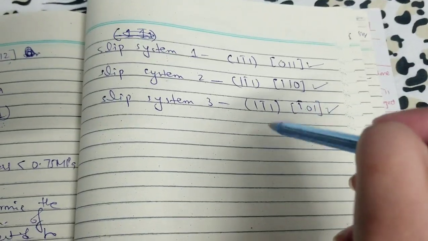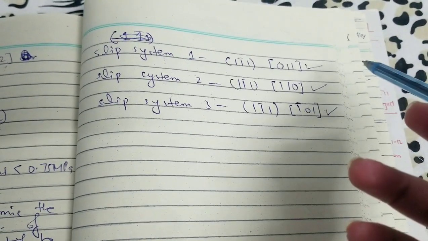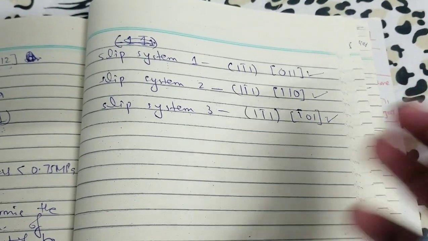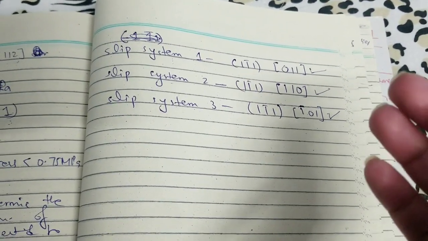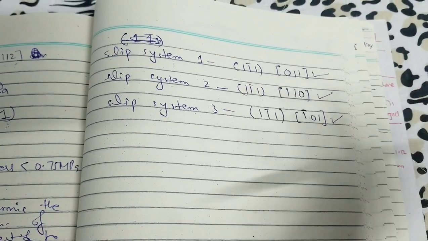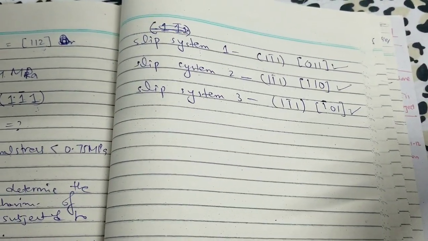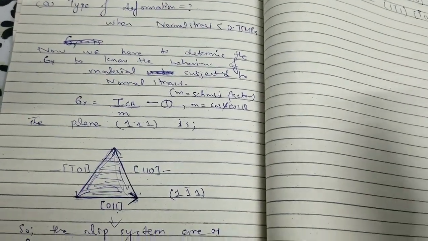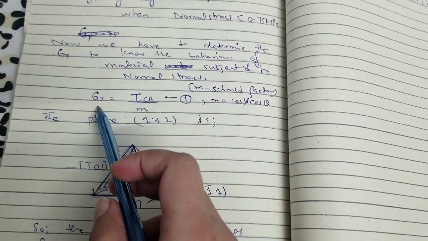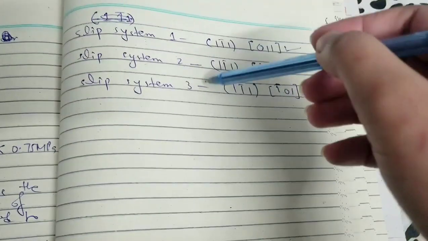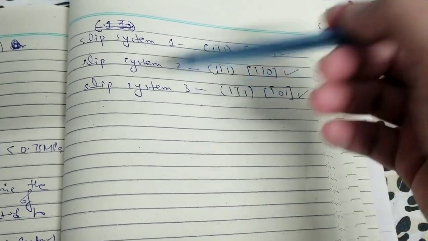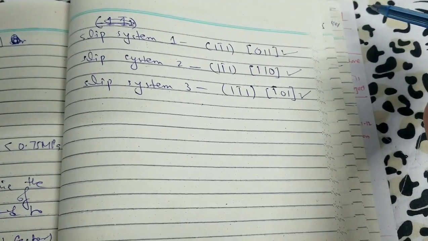If the force is applied along any of these directions, slip will occur if the stress is large enough, and it will result in deformation. So what we will do is find the critical normal stress corresponding to these 3 systems and see what values we get.